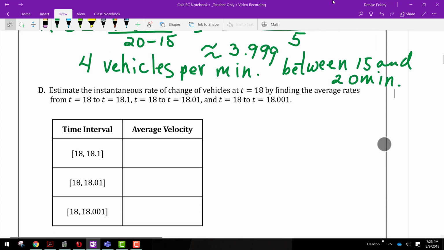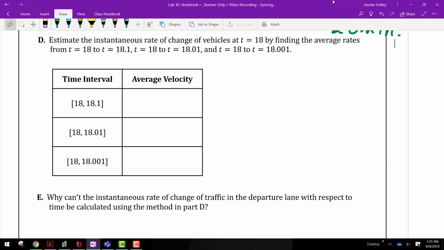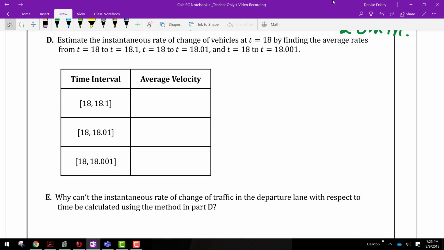Okay, and then finally, as in the other problems, we want to talk about the instantaneous rate of change at 18. So we're going to find the average rates and then finish it out. So I'm just going to put the values in there for you so you have them. You can go through and do the details.